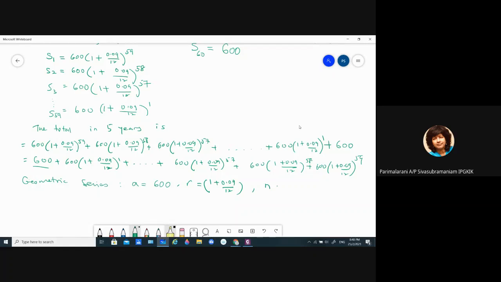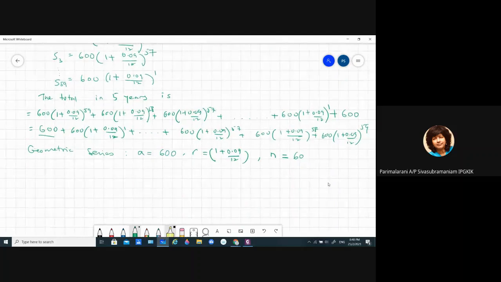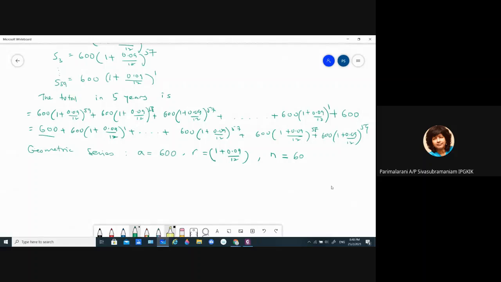What is your N here? N is 60, yes, N is 60, okay? So if you want to find the total for a geometric series, what formula are we going to use?